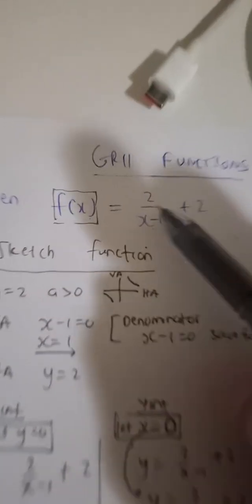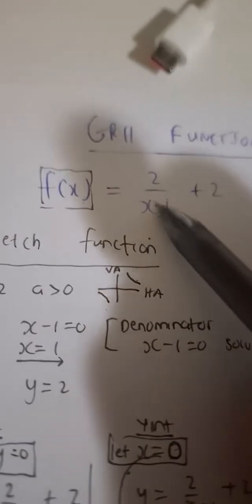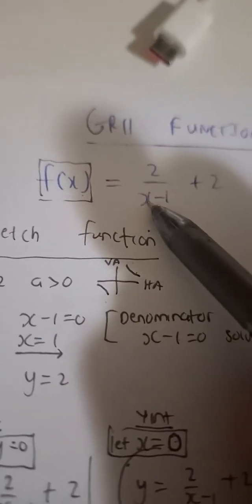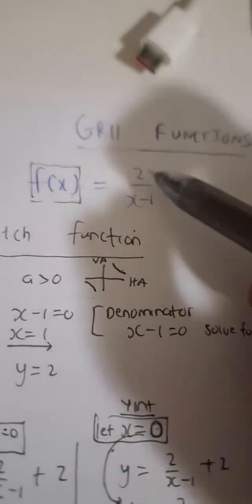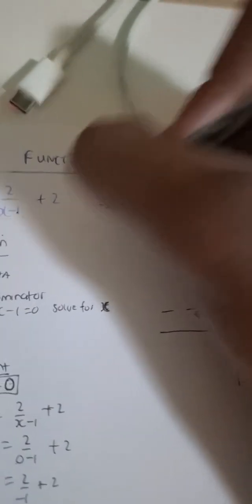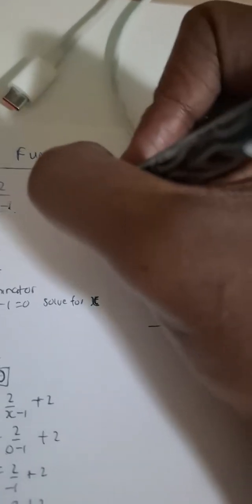I usually suggest to my learners that for each arm, have at least 2 points. I know this point is there because the x and the y-intercept were both 0, 0. But go ahead, try and find another point. Let's check when x is -1.